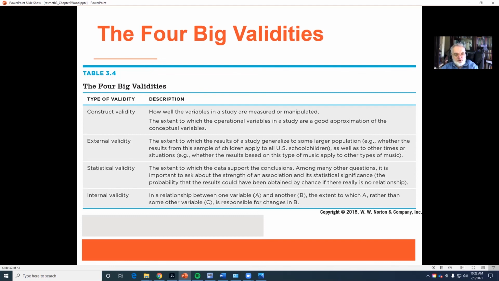Second part of construct validity: how well are you measuring the variable? Well, if you ask only a couple of questions of someone, and then you turn around the next day and ask only a couple of questions again, it's probably the case that scores at one time are not going to be terribly related to scores at another time.